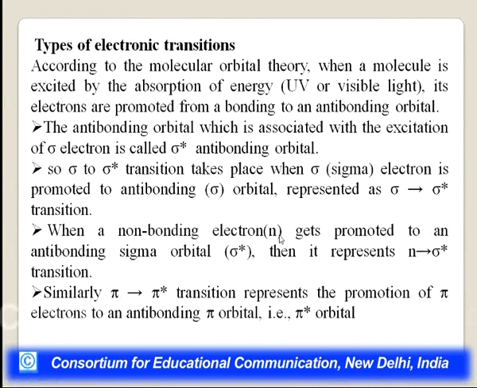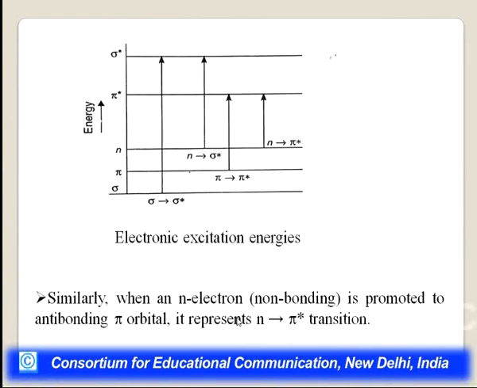When non-bonding electrons get promoted to an anti-bonding sigma orbital, it is represented by n to sigma star. Similarly, when pi electrons get promoted from the ground state to the excited state, the transition is represented by pi to pi star, because of the promotion of pi electrons to an anti-bonding pi star orbital.